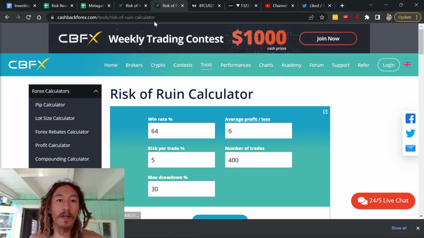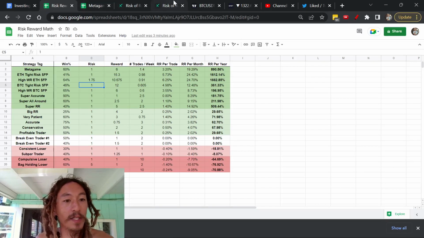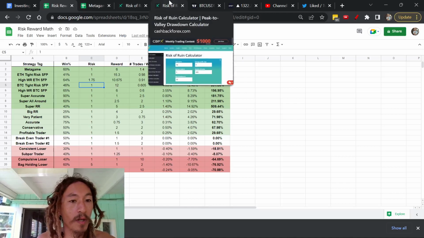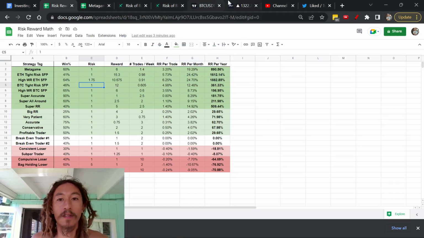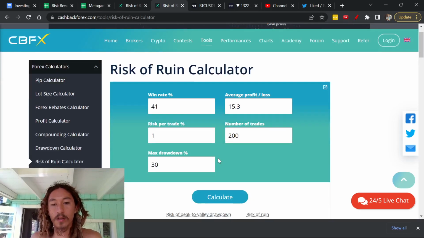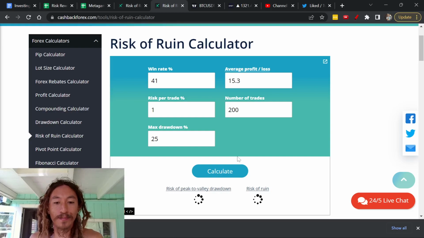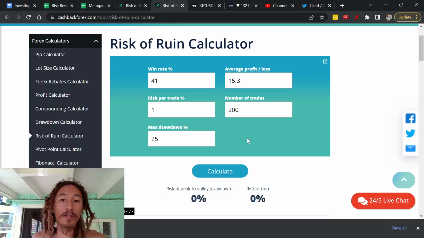That's great. Now let's compare it to the tight risk, high risk reward one. So that one is 41% and 15.3. So comparing 41%, 15.3, risking 1% over 200 trades, which is 4 years of trades, max drawdown 25%, also 0%.